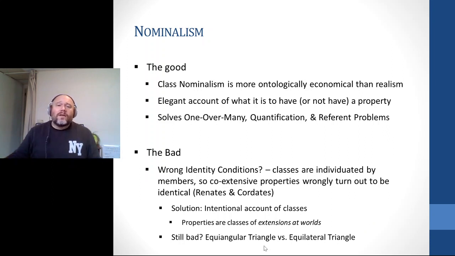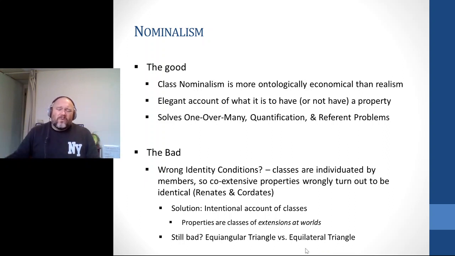For example, consider being an equiangular triangle. That is, having internal angles all of the same degree. That seems like one kind of property. Now another kind of property is being an equilateral triangle. That is, having three sides of all the same length.